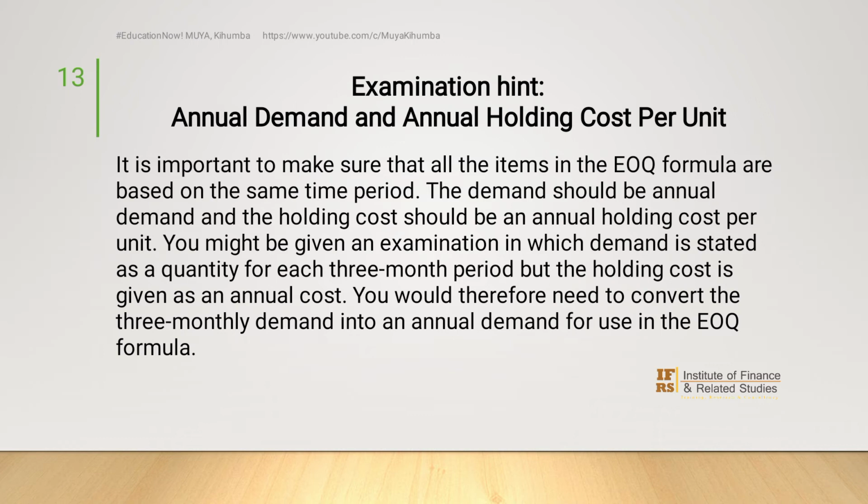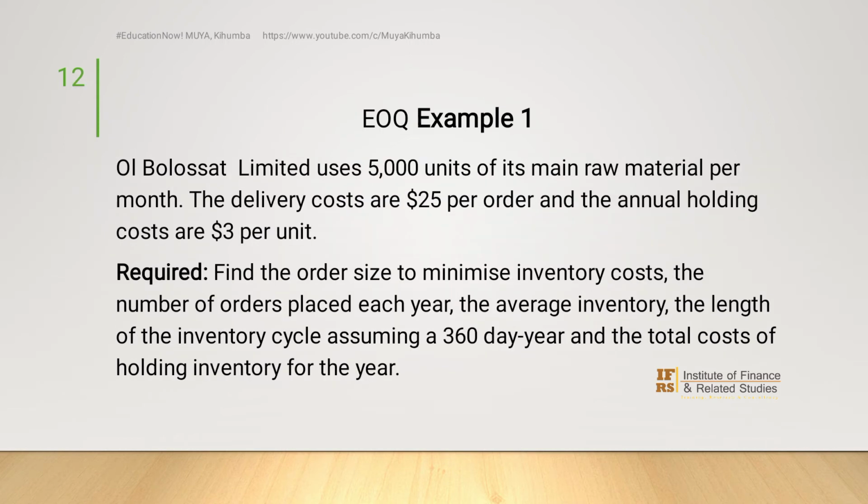You need to convert the 3-month or the monthly demand into annual demand for use in the EOQ formula. In our case here, we've been given monthly demand. We need to convert that monthly demand into annual demand because the holding costs are annual. If holding costs had been monthly, then you could have left it as that.